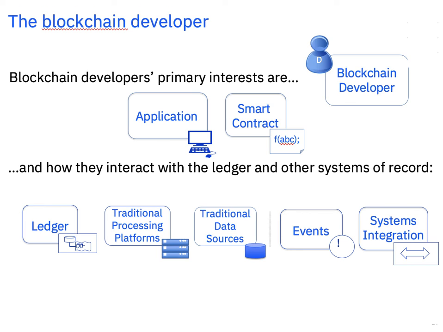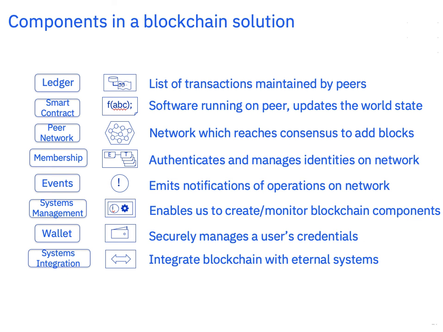Now we'll talk about components in blockchain solutions. Here you can see that the ledger is the list of transactions maintained by peers, and a smart contract is a software program that will run on the peers. It will update the world state basically. World state, as I told you, is data you can view only.